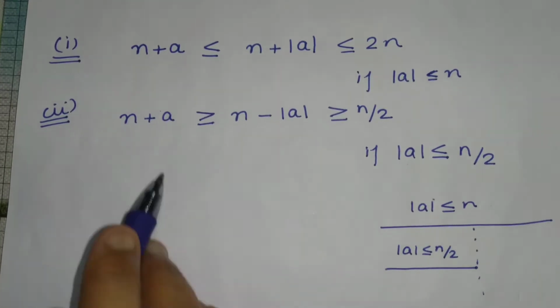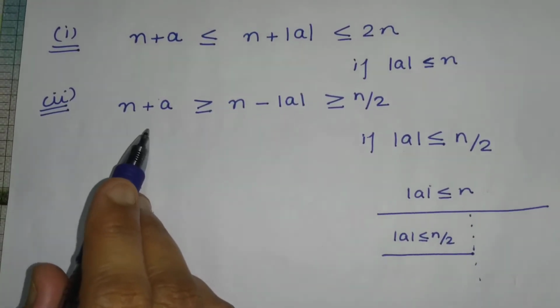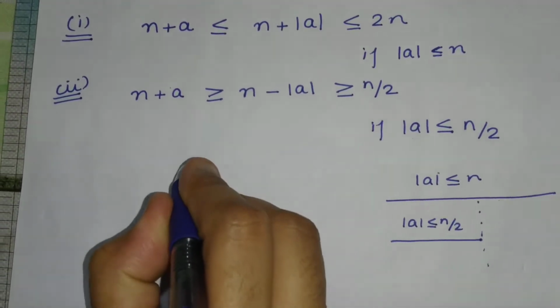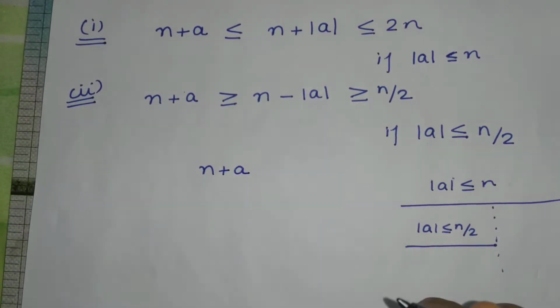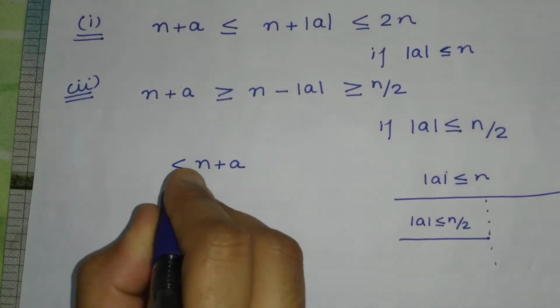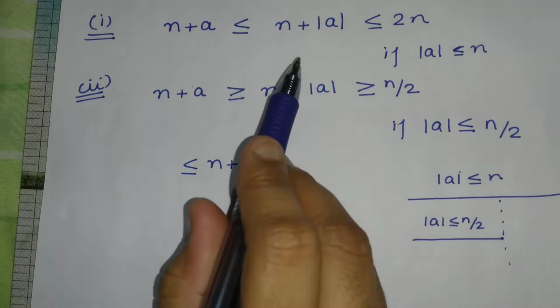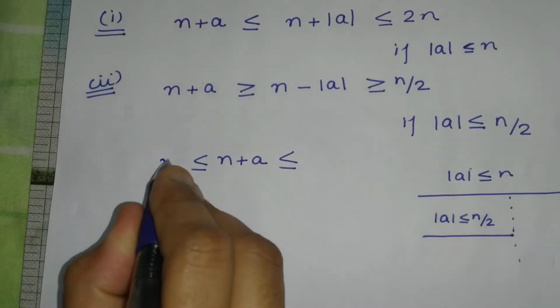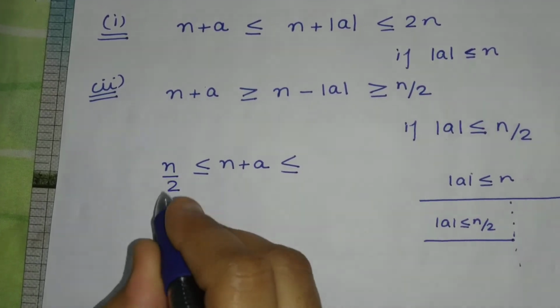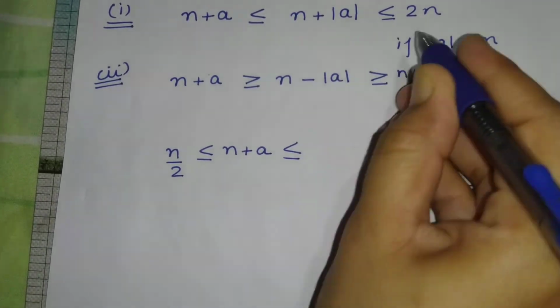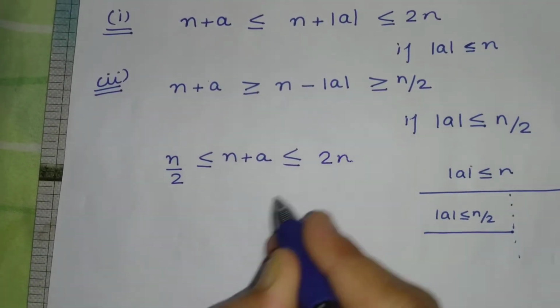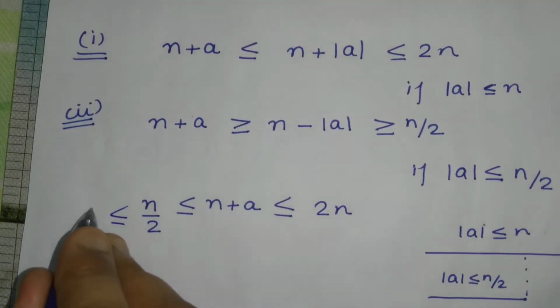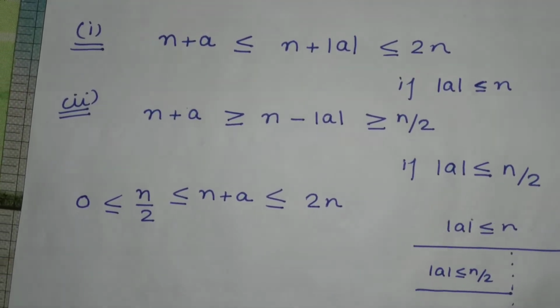If we combine these two, we can write that n + a is sandwiched between n by 2 and 2n. For this it is always greater, and for this it is always smaller, and n by 2 is greater than 0.